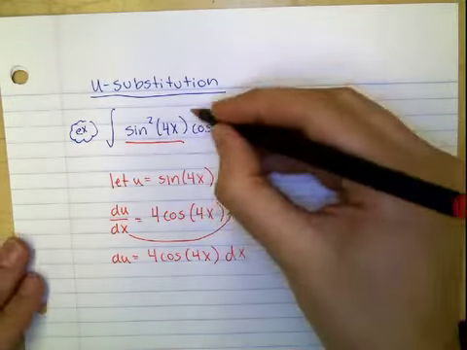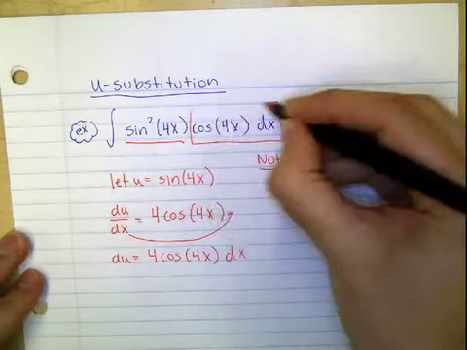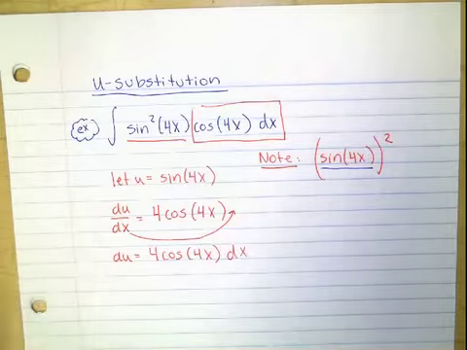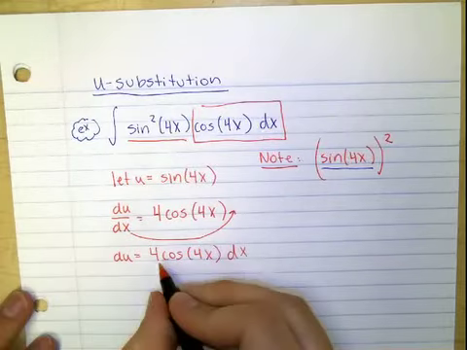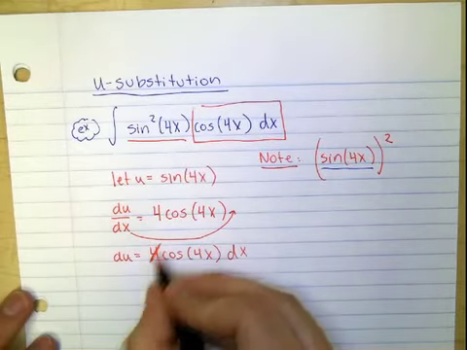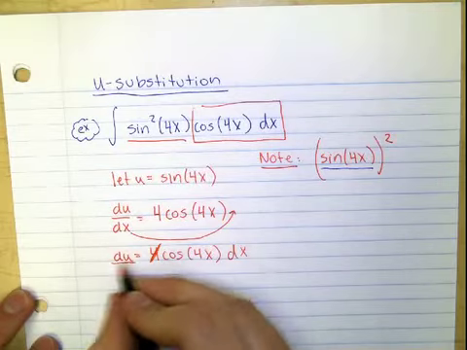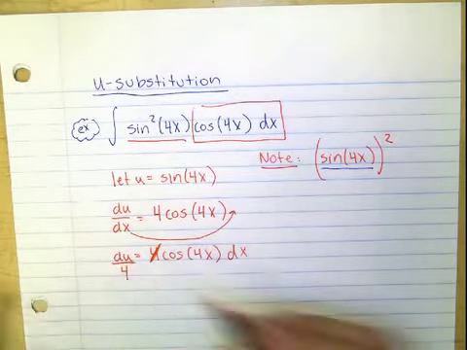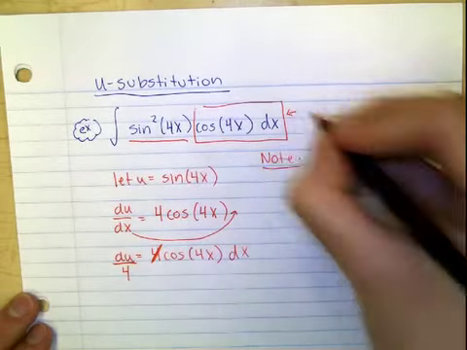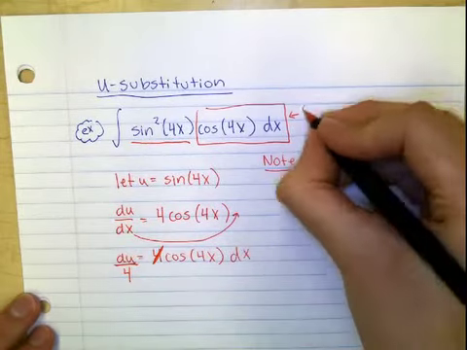Notice I have a cosine of 4x dx right on the end here. So this is good, I'm going to be able to replace all that. I didn't need this 4 right here, so I'm going to cross it out and divide it underneath this side, so that this box is actually du divided by 4.